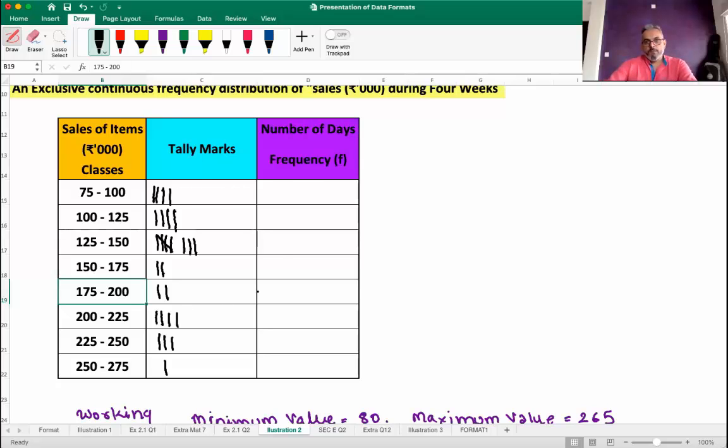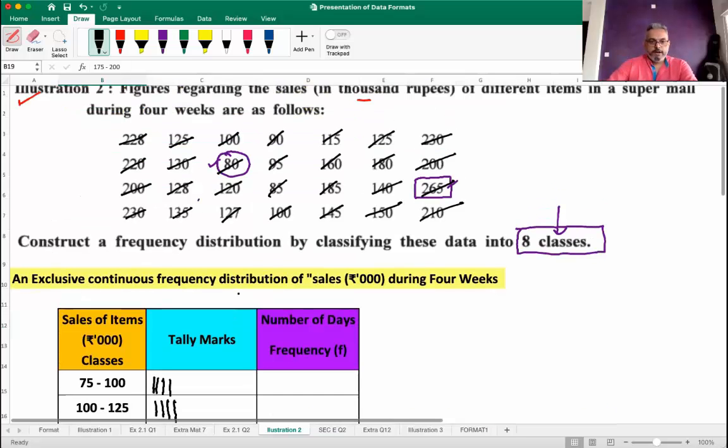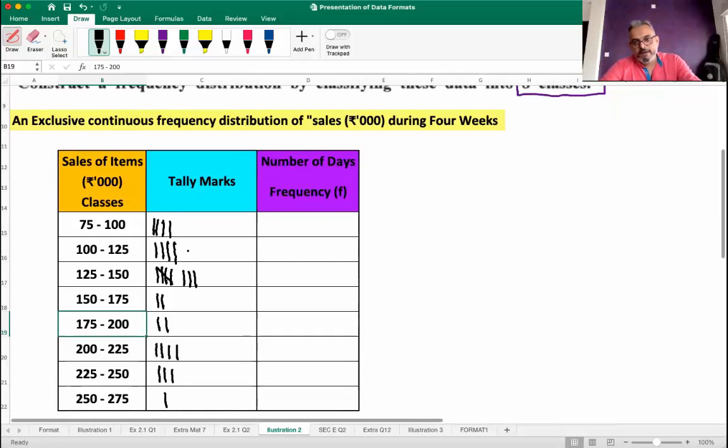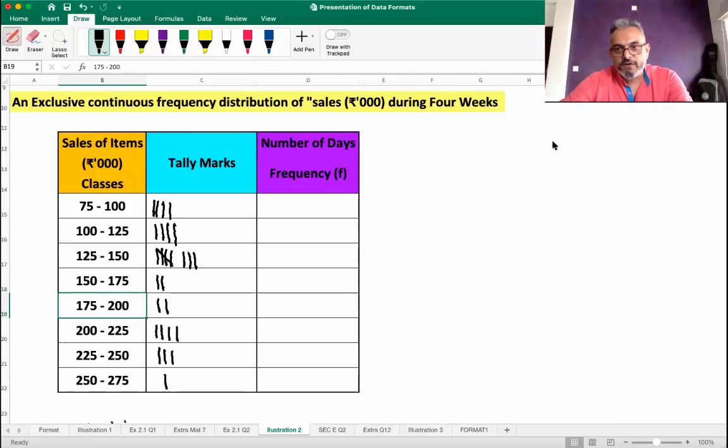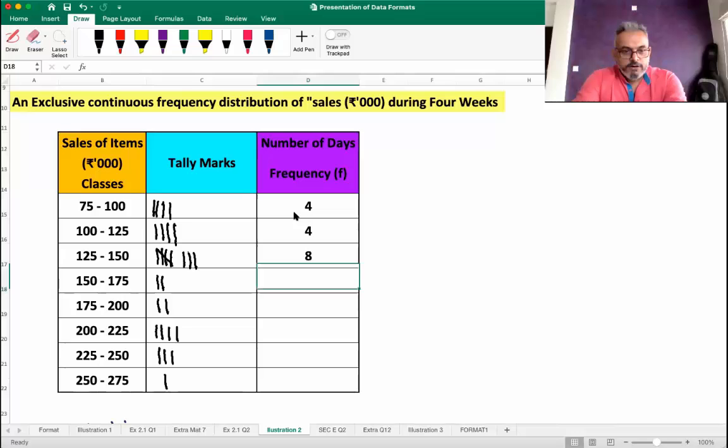Now, all done. Okay, let's write the frequency. Now, what is frequency? Frequency is the number of times an observation appears. So let's count and write: 75 to 100, 4; 100 to 125, 4, 5 and 3, 8, 2, 2, 4, 3, 1.